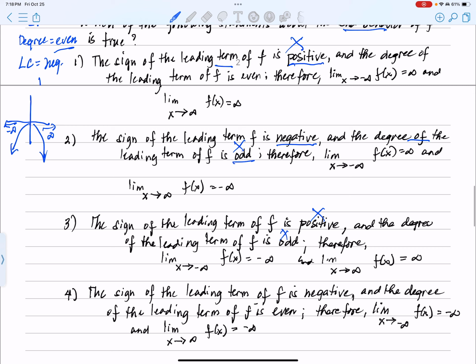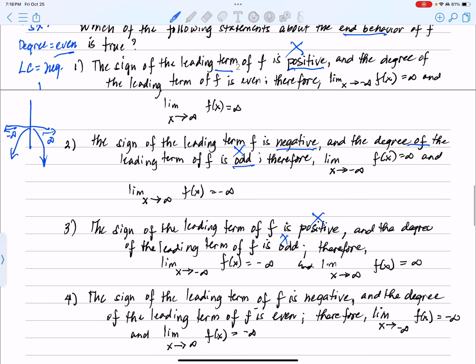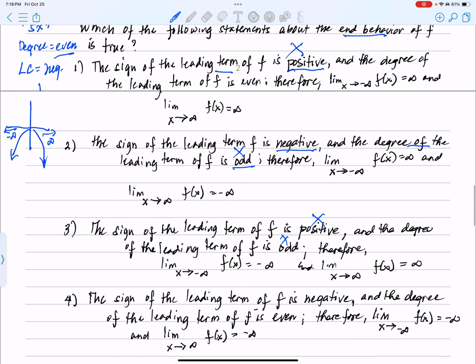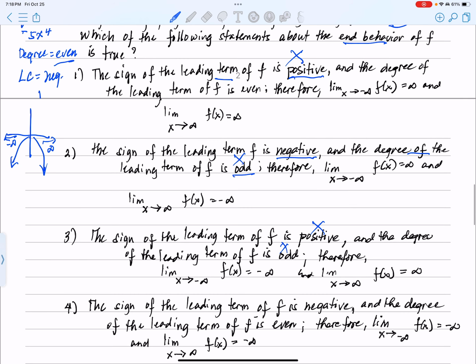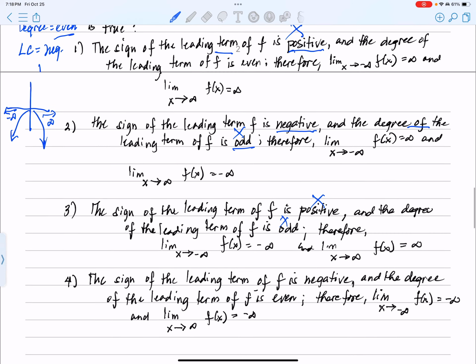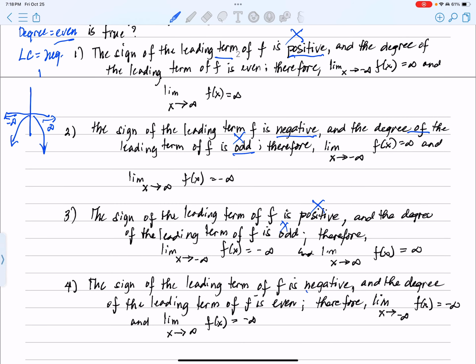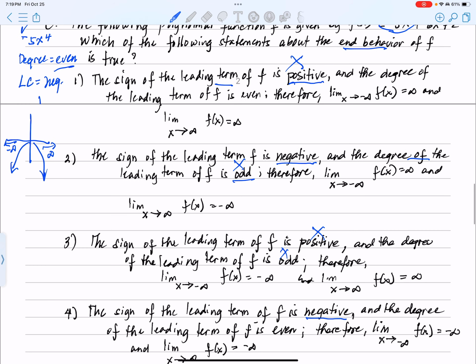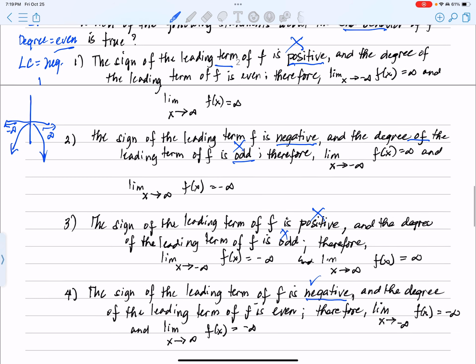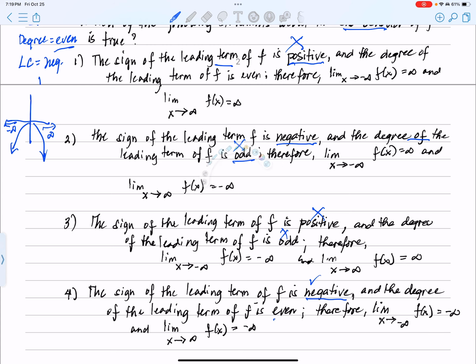Okay, you don't need to look at the limit notation, because from the statement itself it made the choices wrong. The sign of the leading term of f is negative. Okay, correct? It's negative. And the degree of the leading term is even.